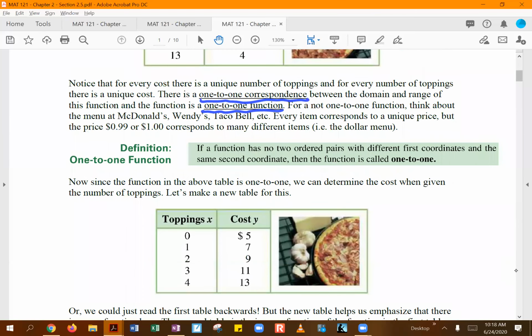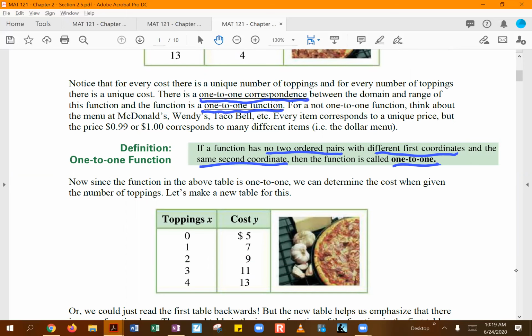So just as you look at this definition here, they're saying as long as a function has no two ordered pairs with different first coordinates and the same second coordinate, we can say the function is 1 to 1. So this definition, guys, is different from the definition you saw for what is a function.